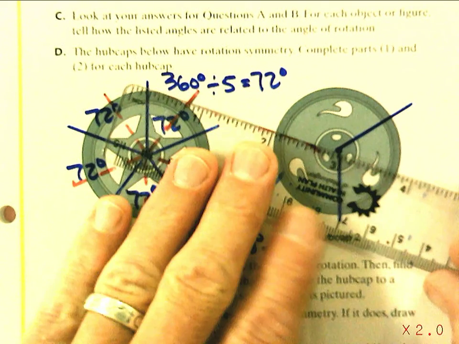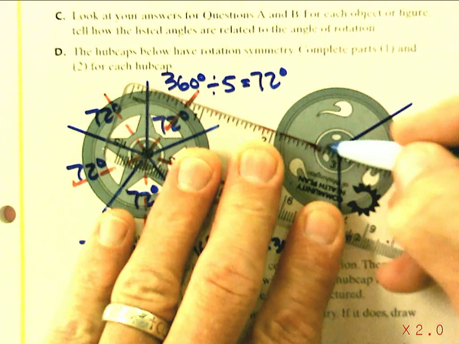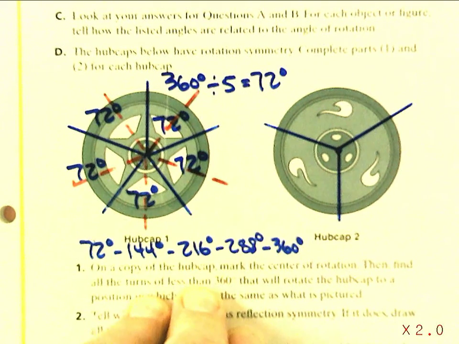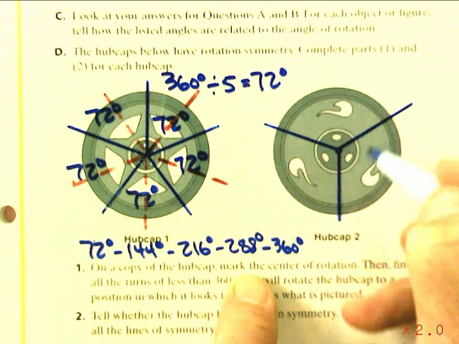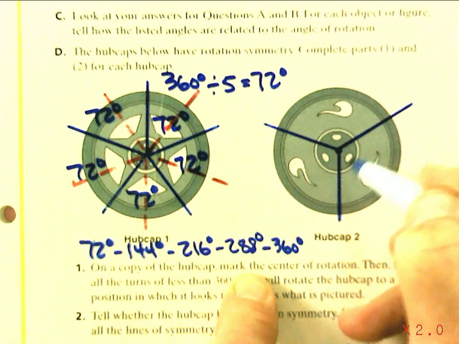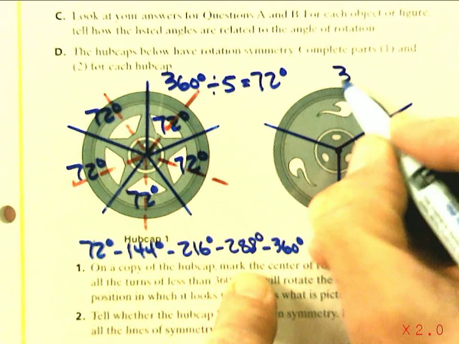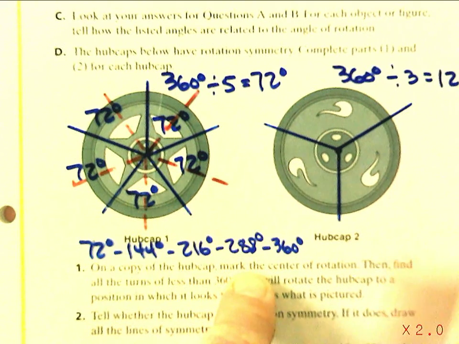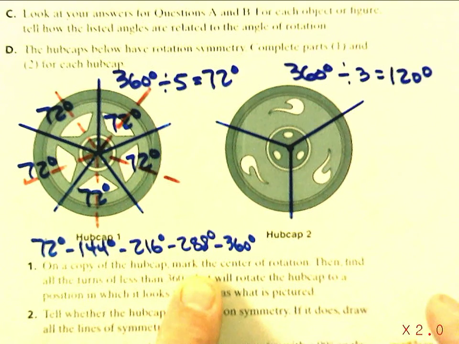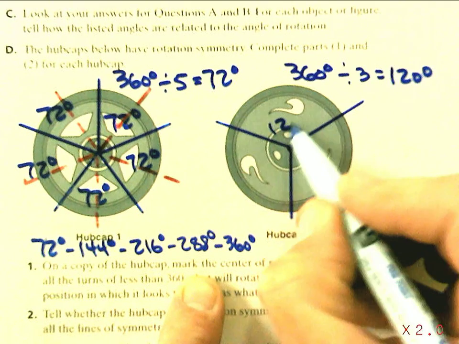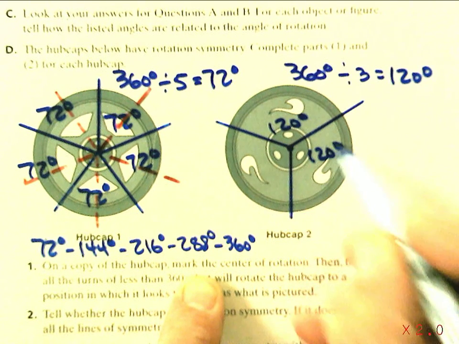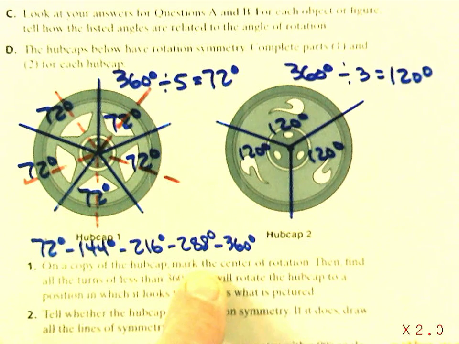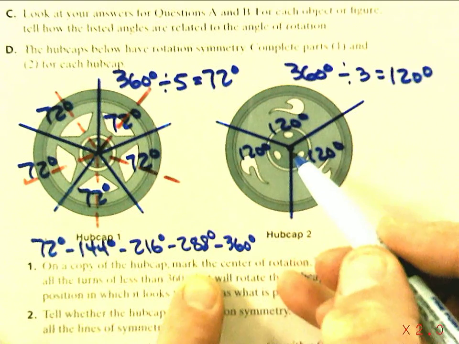And it looks like, since there's 3 of them, this last one might be off a little bit, but again I have 3 rotations, and so 360 degrees divided by 3 is 120 degrees for each of these rotations. So I have 120 degrees as my angle of rotation, and my center of rotation, of course, is the middle of the hubcap.